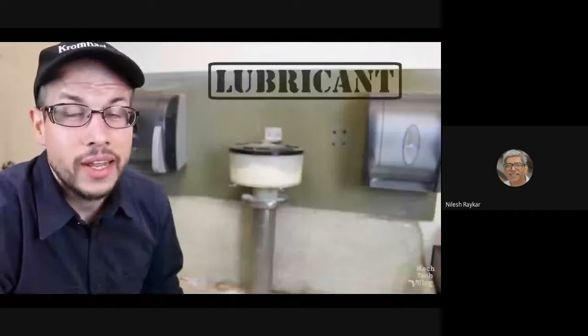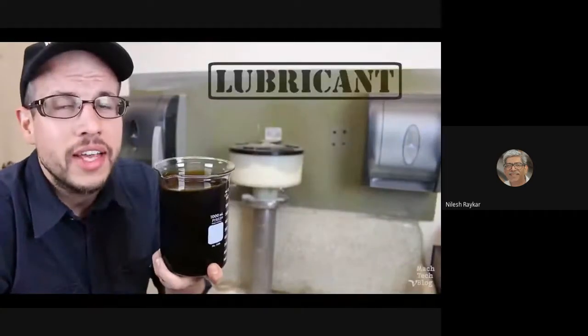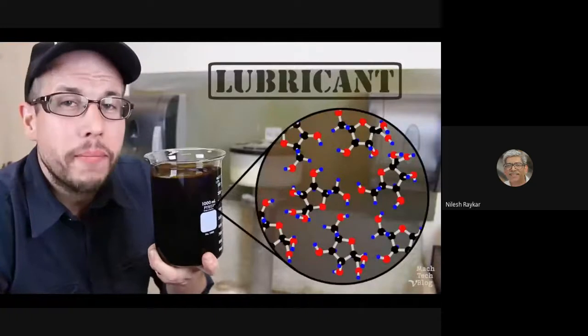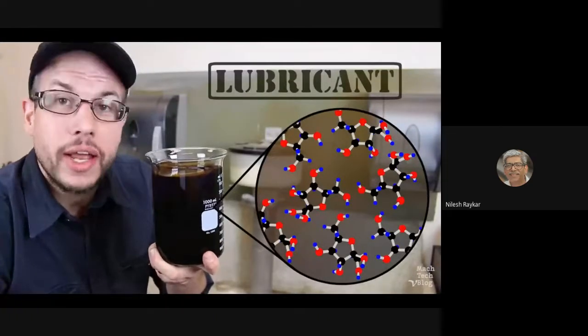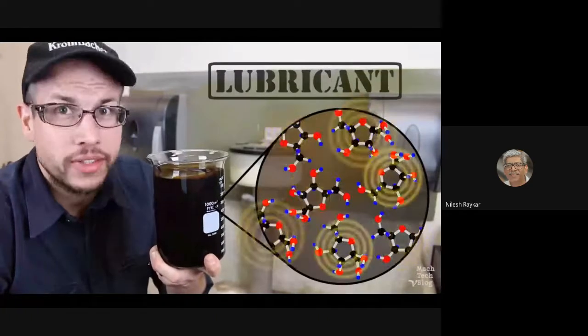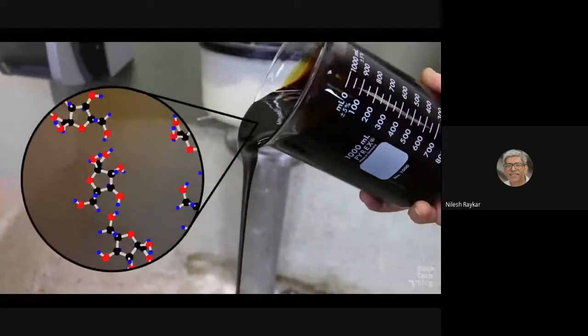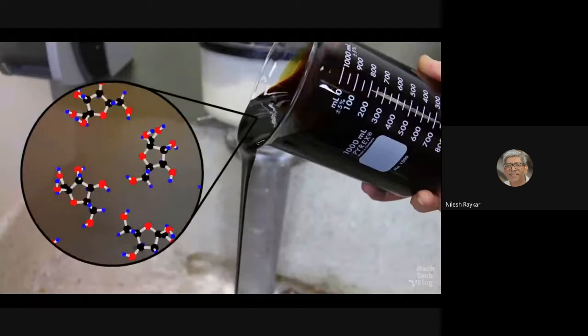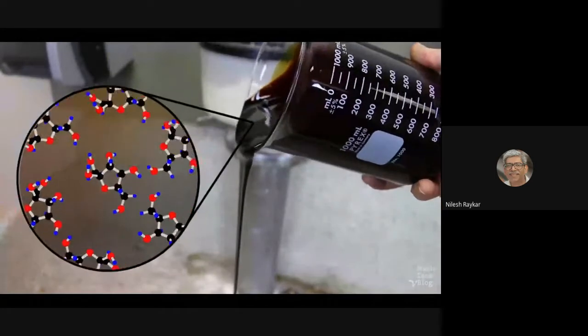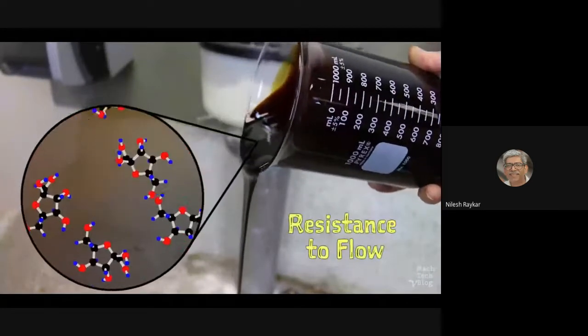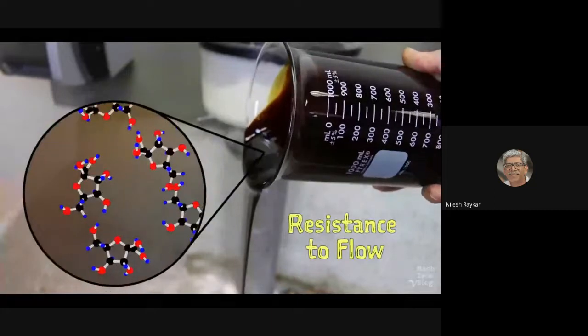Any fluid, including this molasses, is made up of many tiny little molecules held together by intermolecular forces of attraction. When a fluid flows, layers of these molecules slide past one another, attracting and pulling on each other. And this causes resistance to flow. It's like the fluid's internal friction.